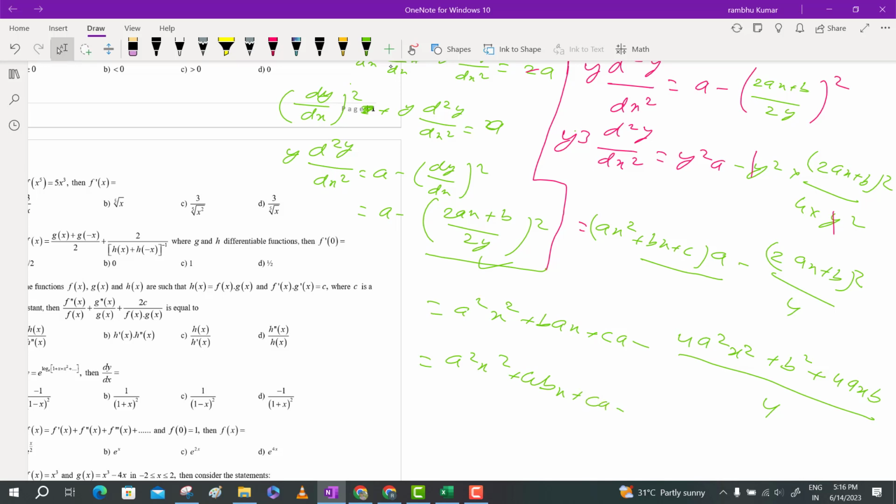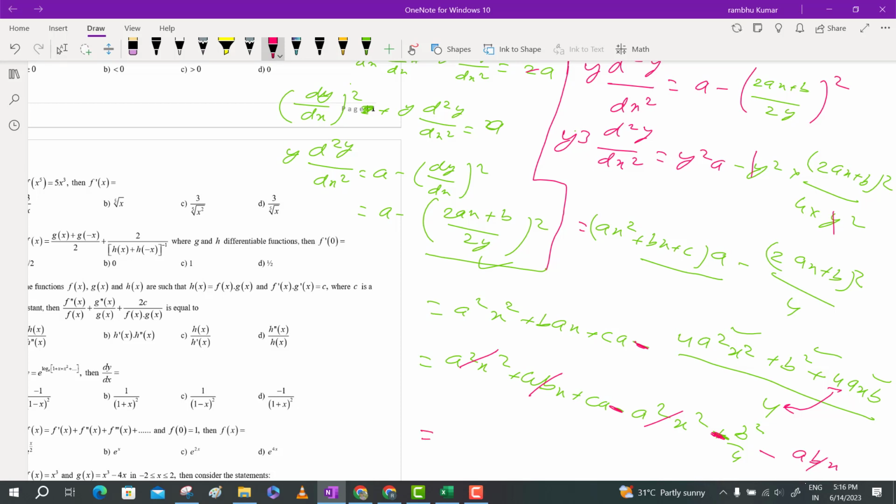Now a square x square plus abx plus ca minus, now listen, if you divide all the individual terms by 4, this will become a square x square plus b square by 4 plus abx, and because of the minus sign outside, all of these become minus. The a square x square cancels, and this 4 and this 4 will cancel out, so abx cancels too.